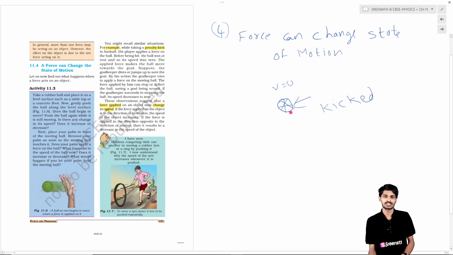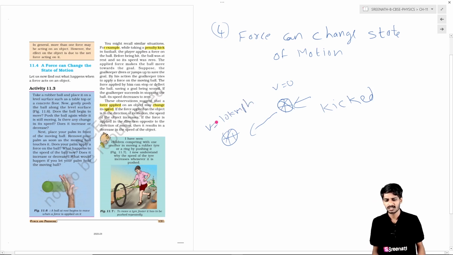What happens to this ball? This ball moves. It starts moving with some velocity, some 10 kilometers per hour, or like that. Whatever the velocity, don't bother about it. Initially it is at rest, but after he kicked it, it gets into motion.